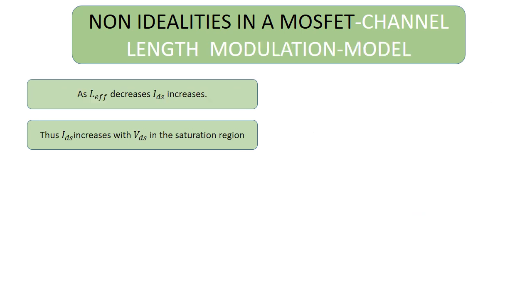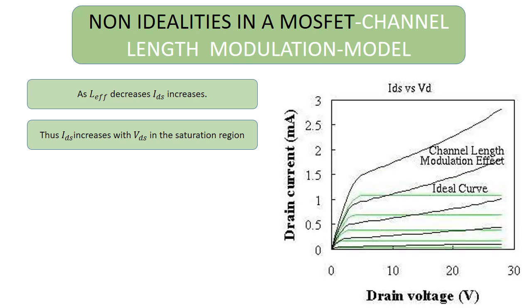This reduced channel length causes IDS to increase. So, IDS, which was supposed to remain constant in the saturation region, is not constant anymore, but it has a slight increase. This non-ideality is called channel length modulation.